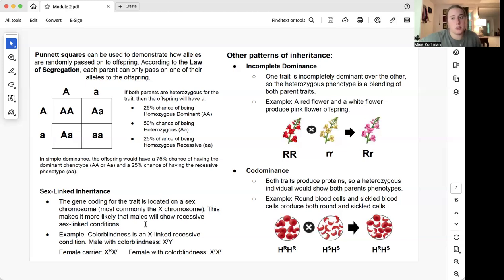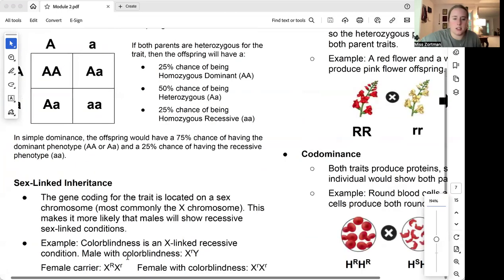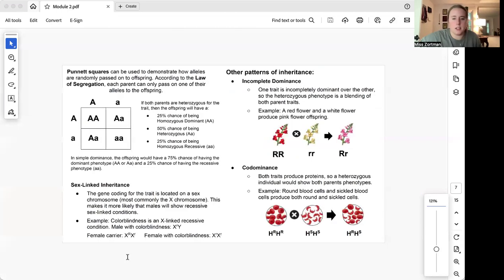Remember, our sex chromosomes are X and Y. Females are XX, males are XY. At this level, we only really focus on genes that are found on the X chromosome. So when you're looking at it, the X chromosome is the only one that's going to get letters written next to it to represent dominant and recessive.